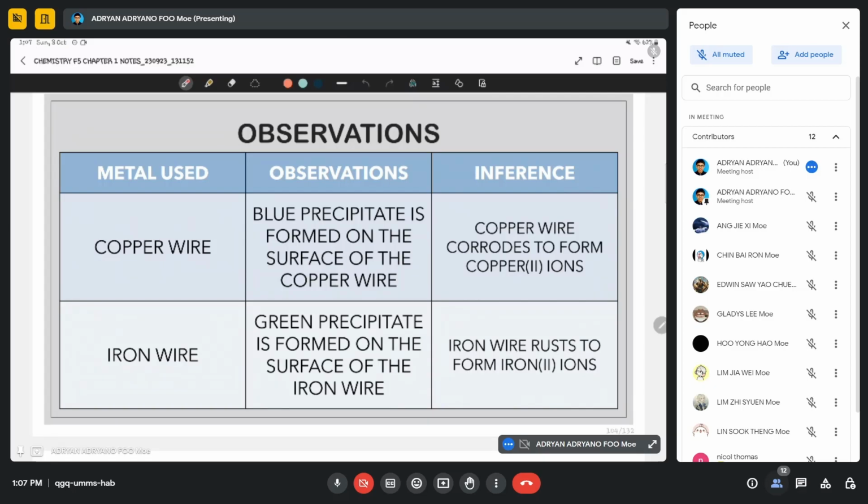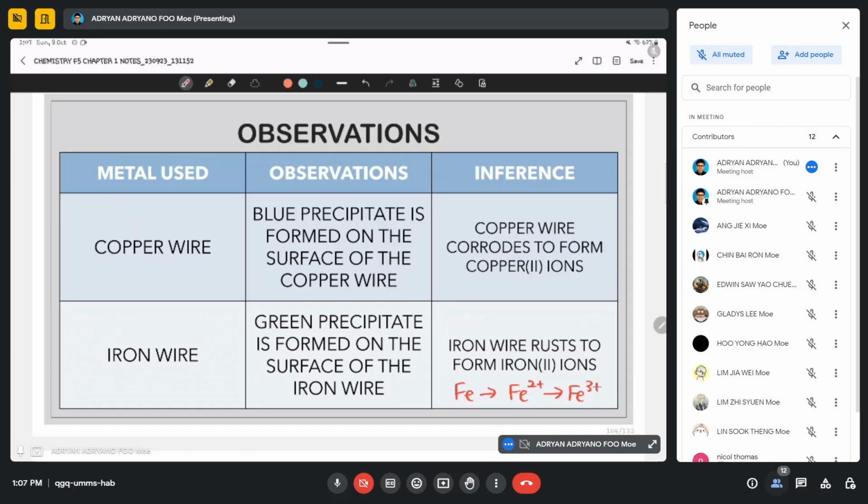Inference: for copper wire, copper corrodes to form copper 2 ions, whereas iron will rust to form iron 2 ions. You need to remember, Fe 一定会变成 Fe2+ 它才变成 Fe3+. This one we will talk about later in the rusting process.